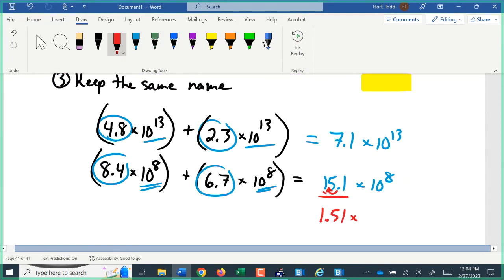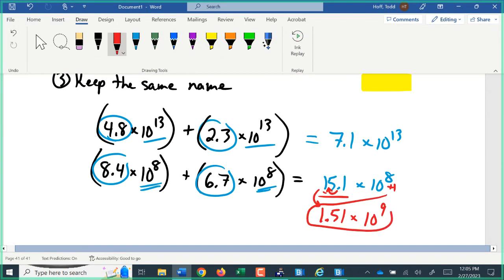If the decimal point goes to the right, power has to get smaller. It's actually simpler than that. All it is, this number got smaller. It went from 15.1 to 1.51. So that number got smaller, the count got smaller, the name has to get larger. So 8 plus 1 is 9, so the name is now 10 to the 9th.